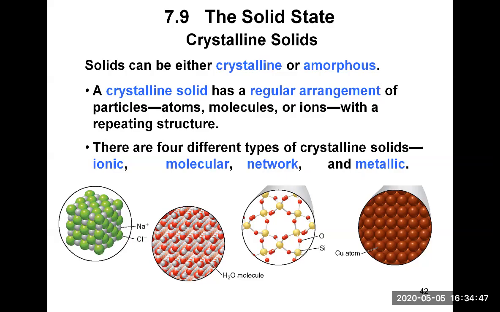So you have bonds and it's making a network with a regular arrangement, but it's more loose than a molecular or ionic solid. Diamond is also a network solid. So these may be more difficult to identify from the formula. So remember, diamond and sand are typical network solids.